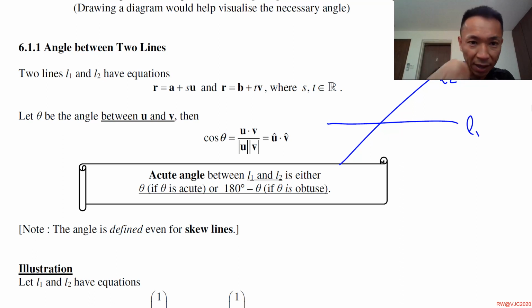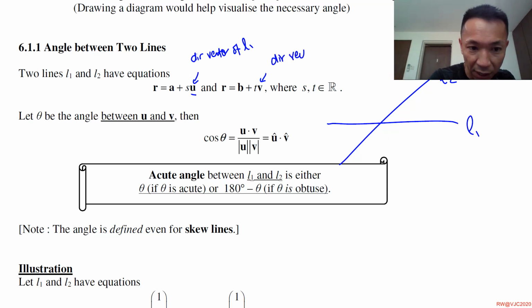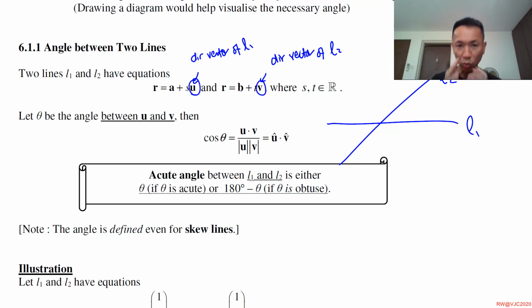So I think it's not difficult to realize that actually we are more interested in the direction vector. U is the direction vector of L1. V is the direction vector of L2. So as long as I can find the angle between the two direction vectors, good enough.